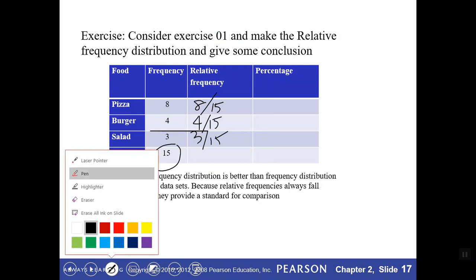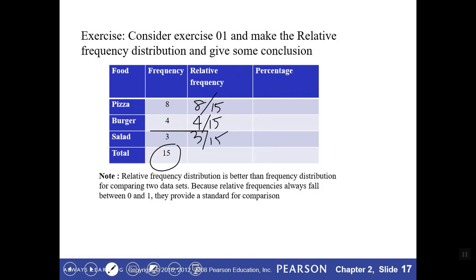Okay, so percentage you can directly take like this value, 8 over 15. You can calculate by using a calculator, no need to do it by hand, just calculate it.